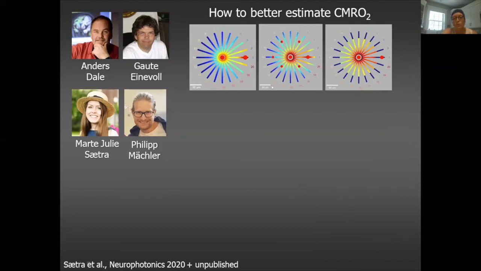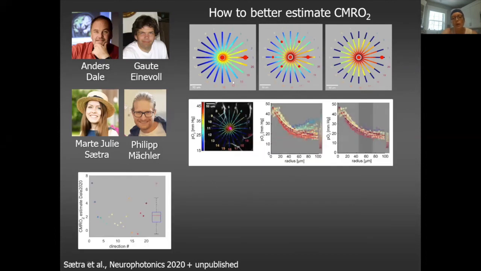So this is very pretty and also very useful, because this is something where we know the ground truth. And then if we have any experimental data, such as this one, and we have these different gradients in different directions going from the artery to the periphery, they differ because vasculature is not symmetric.